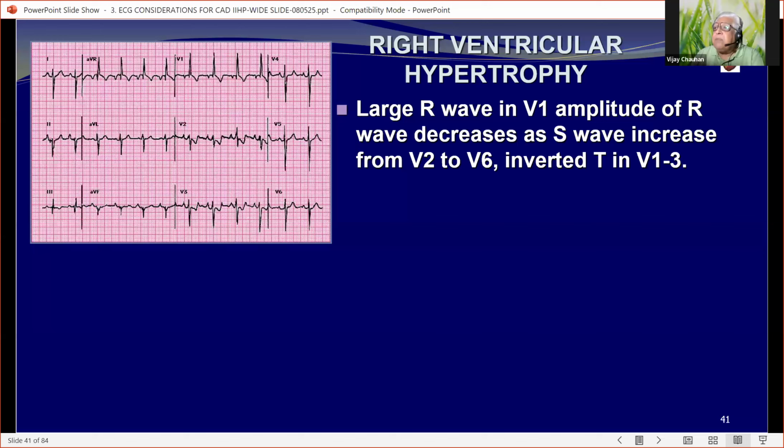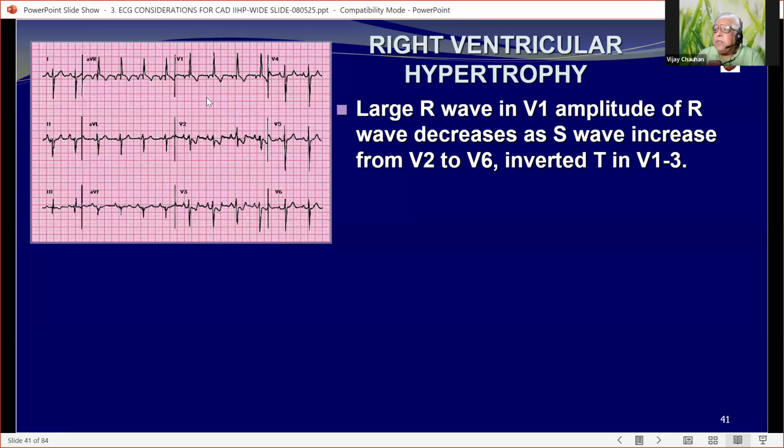And this configuration of a very prominent R wave and a very prominent S wave in V5 or V6 goes in favor of right ventricular activity. Right ventricular activity is dominating, rather than left ventricular activity, which should have dominated in V6, where the R wave should have been upright. There should not have been the S wave.